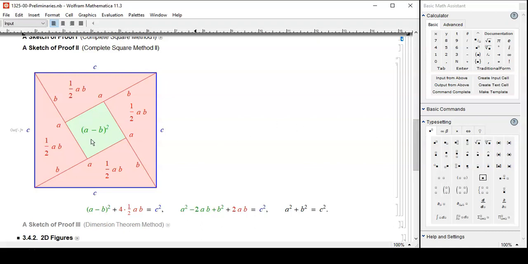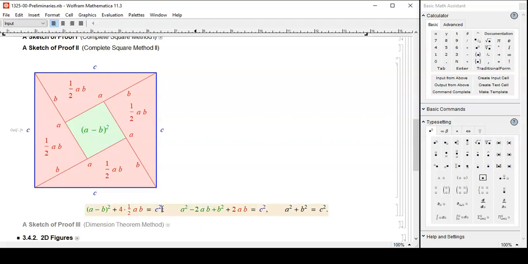And then how about the green square down here? That's a minus b squared. a is the big side, b is smaller, so a minus b. So that's each of them, and that is a minus b, that's a minus b, that is a minus b. You see a is from here to there all the way, and b is from here to there. a you get from the triangle down here, b you get from the triangle from here.